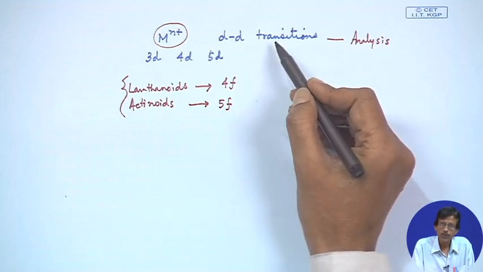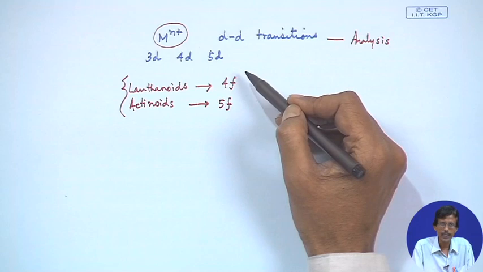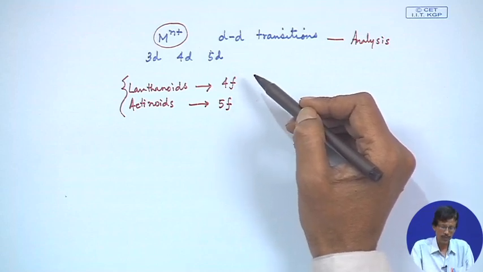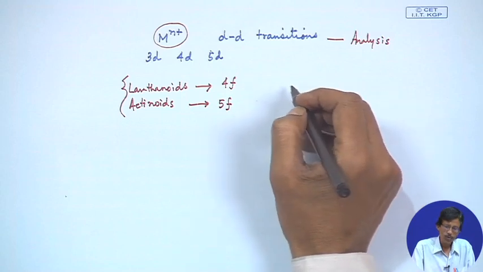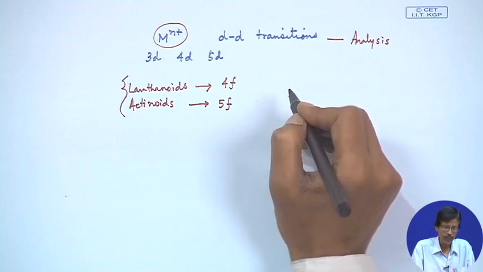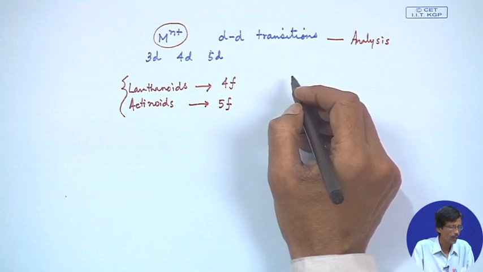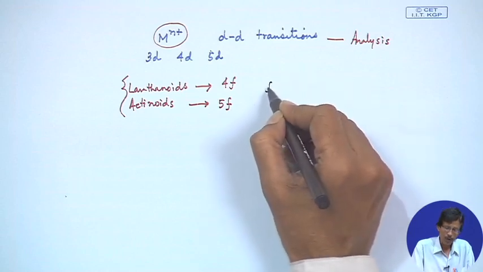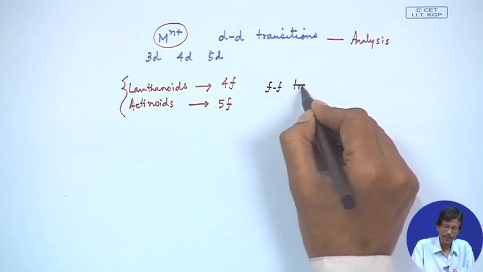We will try to apply our knowledge of d-d transitions to the different metal ions which are also colored. Here also we ask the same question: if the solution is colored, whether we can have these f-f transitions or not.